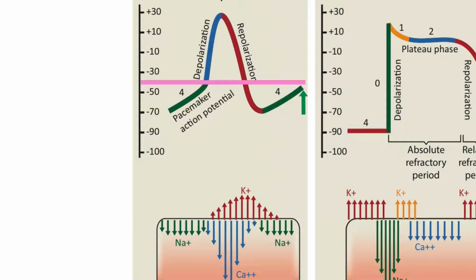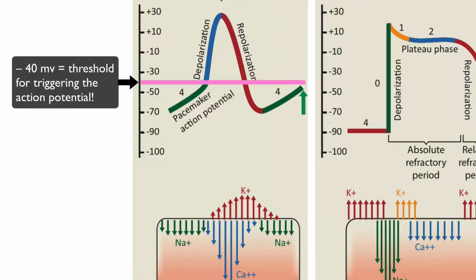Once the cell membrane reaches approximately minus 40 millivolts, the depolarization will be triggered, because this membrane potential is the threshold for triggering the action potential.